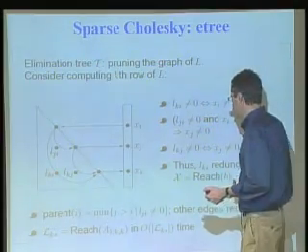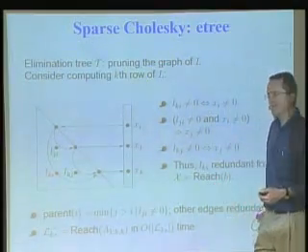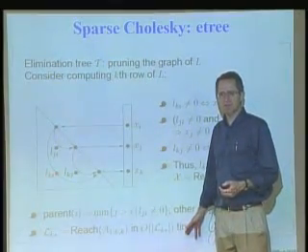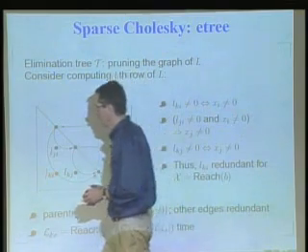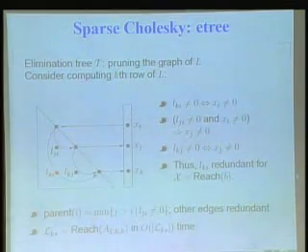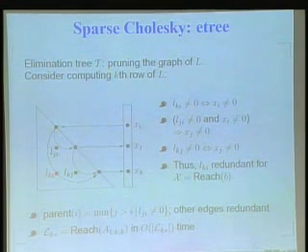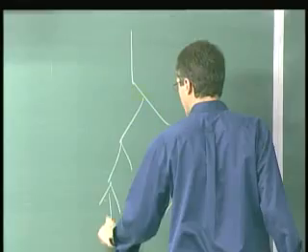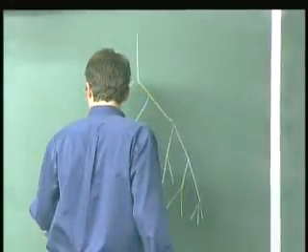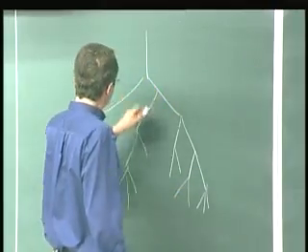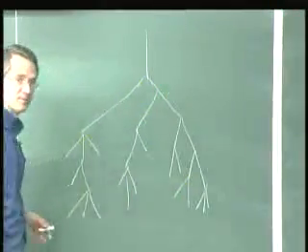And once I have this elimination tree, I can compute the reach in linear time. So if you have a tree, it's not going to be a binary tree, and it's in fact going to tend to be very thin at the top and very bushy at the bottom.